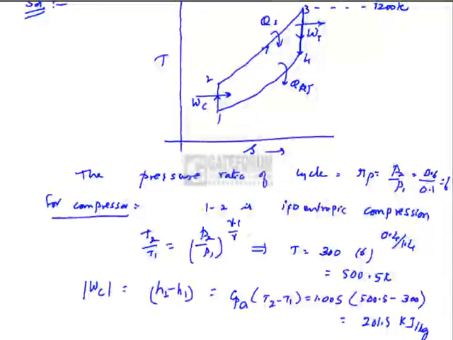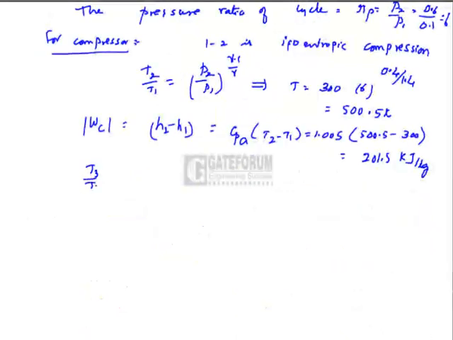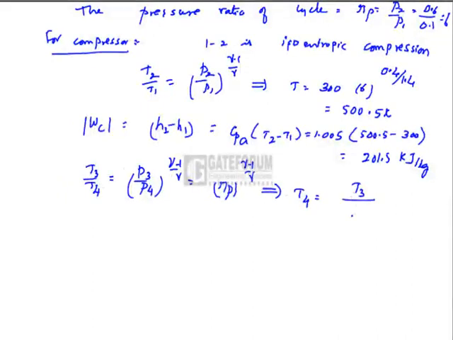Similarly, let us obtain the temperature after the expansion in the turbine. 3 to 4 is isoentropic expansion. Therefore, writing the temperature ratio is equal to P3 by P4 whole power gamma minus 1 by gamma, that is Rp to the power of gamma minus 1 by gamma. Therefore, T4 is equal to T3 divided by Rp to the power of gamma minus 1 by gamma.